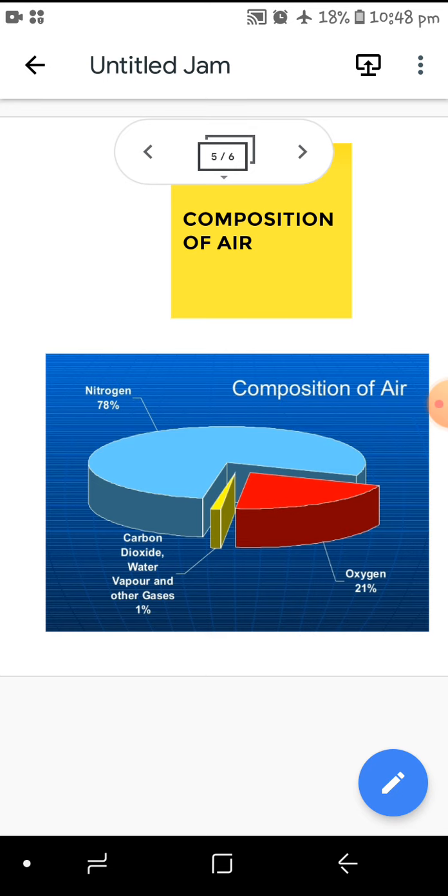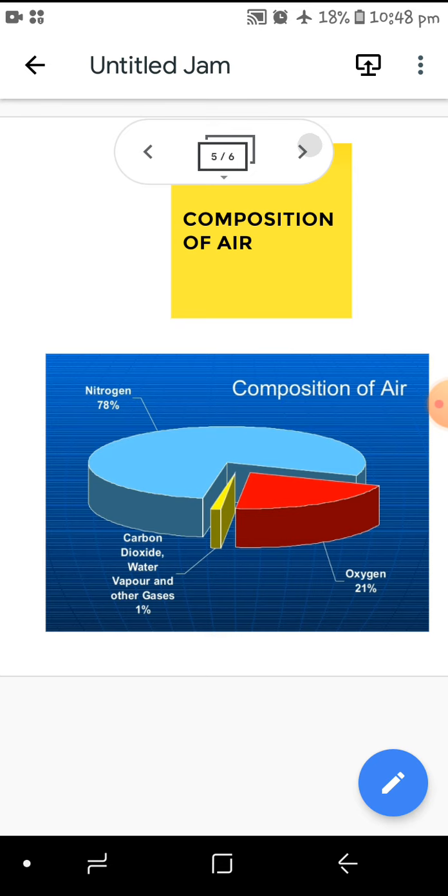Then oxygen gas, another important gas, which is 21%, shown in red. The remaining 1% consists of carbon dioxide, water vapor, and other gases, in which carbon dioxide is about 0.03%.